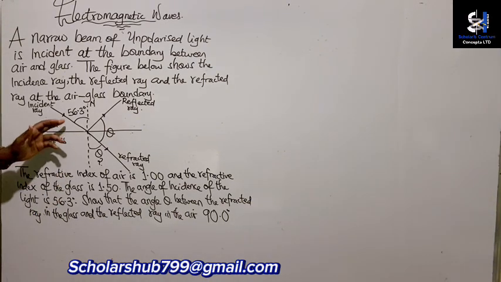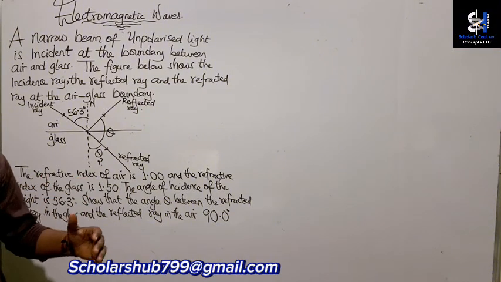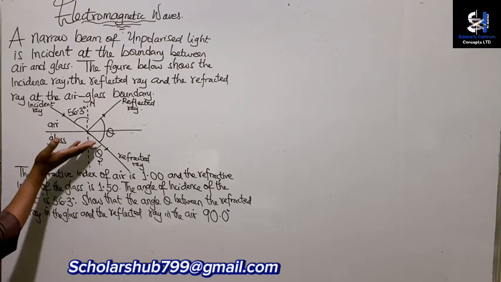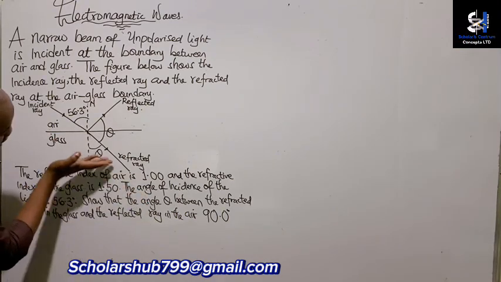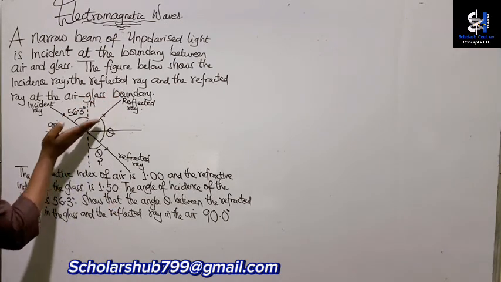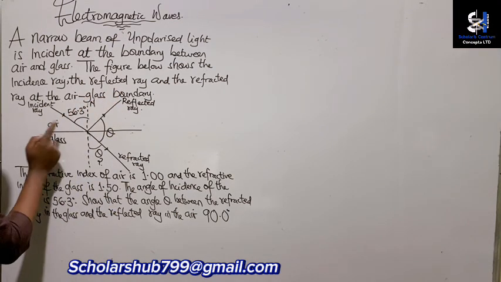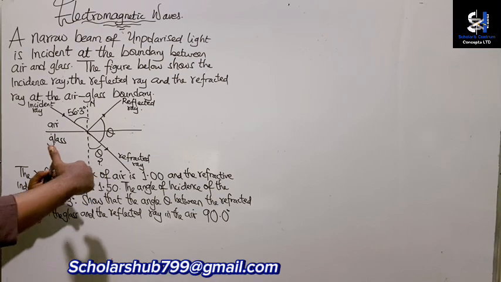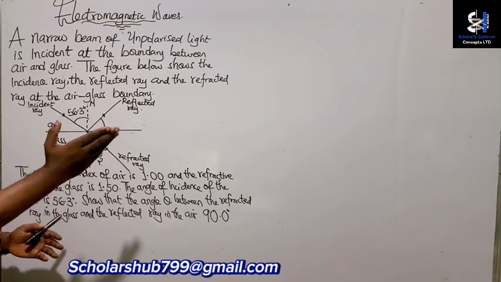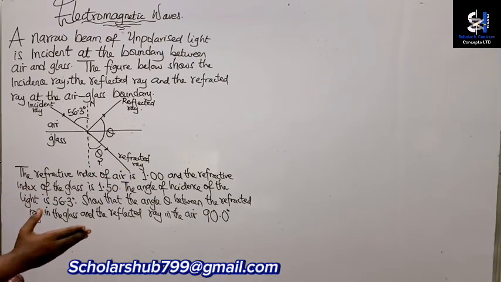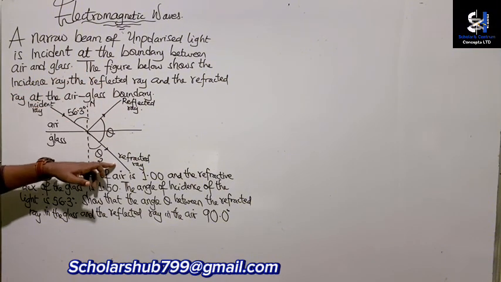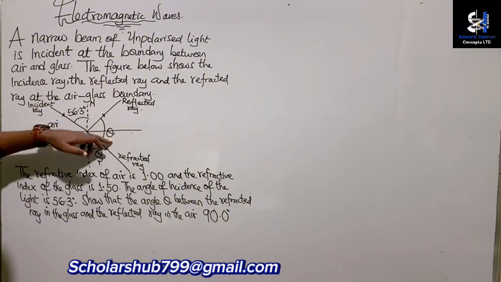When light is transmitted obliquely through the boundary separating air and glass, the refracted ray, also known as the transmitted ray, emerges, and we also have the reflected ray. When the light is incident on the boundary surface, part of the light is reflected and part of the light is refracted.